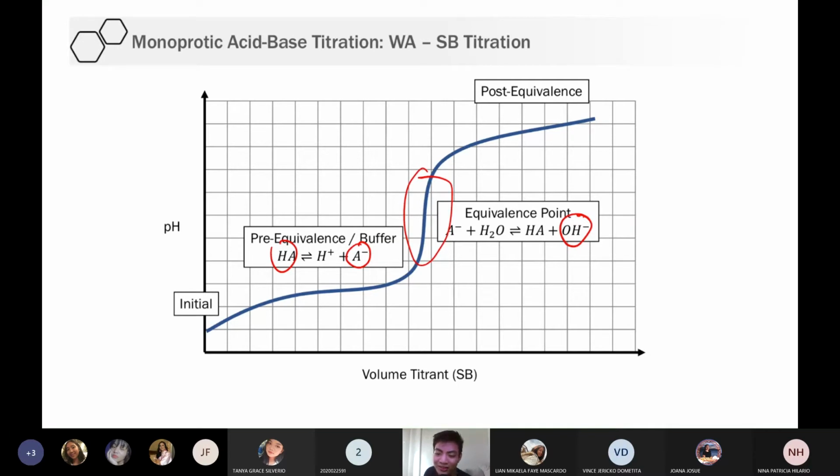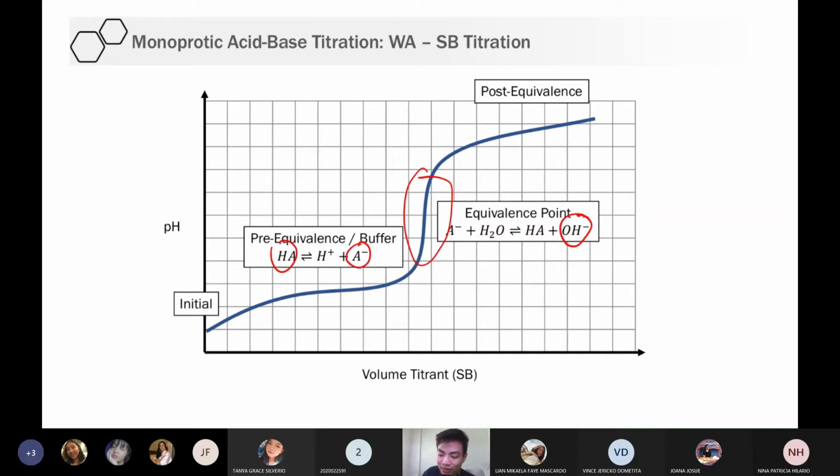Okay. So, ang sagot doon is greater than 7. Okay? So, iba siya sa strong acid, strong base. Kasi sa strong acid, strong base, ano yung meron natin? H plus is equal to square root of Kw. But again, kapag weak acid, strong base titration, tignan nyo yung equation.